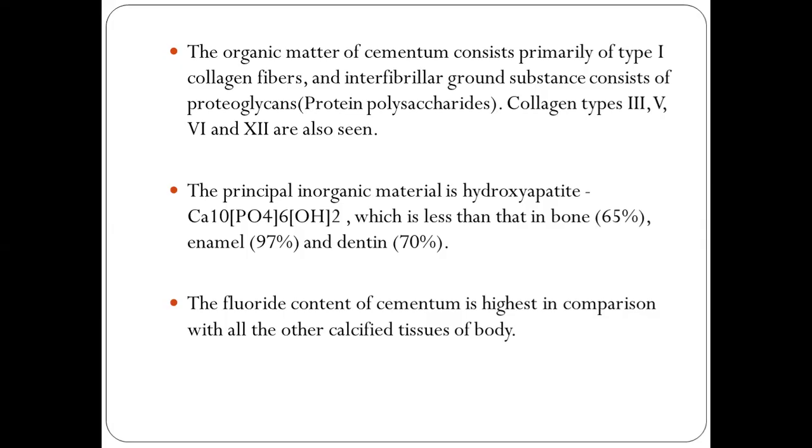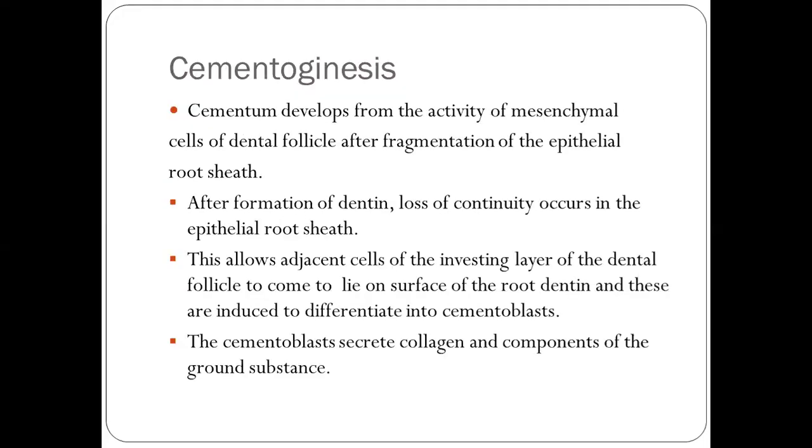Interfibular ground substance consists of proteoglycans; collagen types 3, 5, 6, and 12 are also seen. The principal inorganic material is in the form of hydroxyapatite crystals, which is less than in bone, enamel, and dentin. The fluoride content of cementum is highest in comparison with all other calcified tissue of the body.